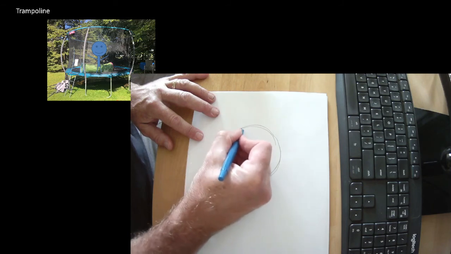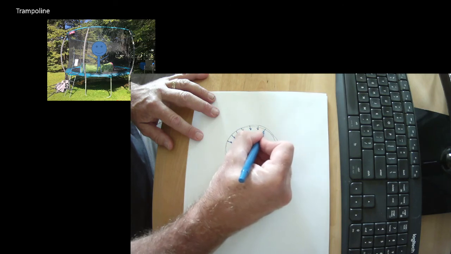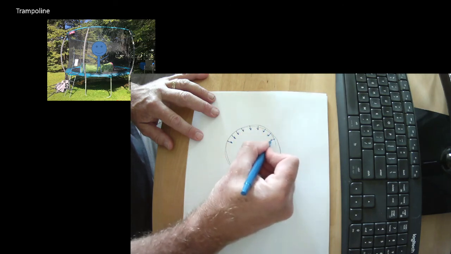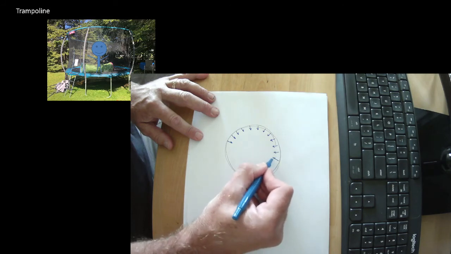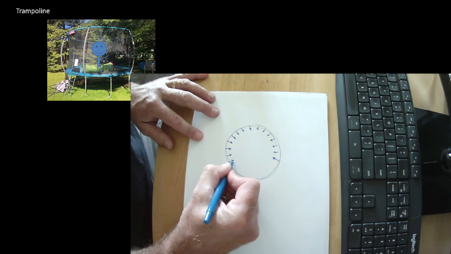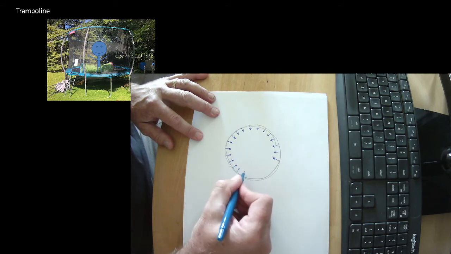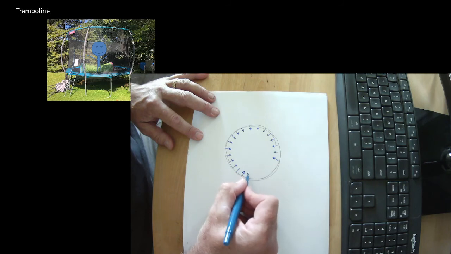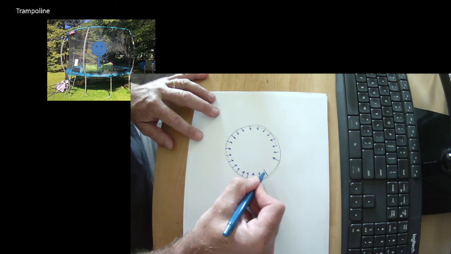I'm drawing the free body diagram now of the frame. And so that horizontal force is now my applied load. The horizontal force resisting the tension in the membrane is now my applied load on my frame. So this is the free body diagram of the frame.